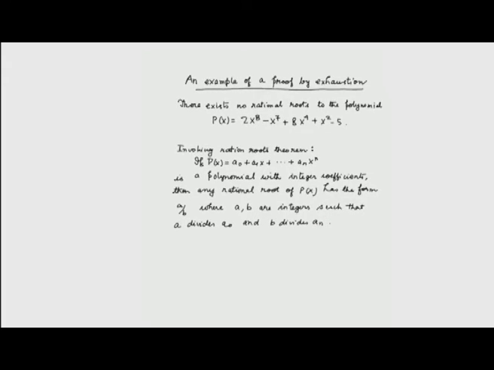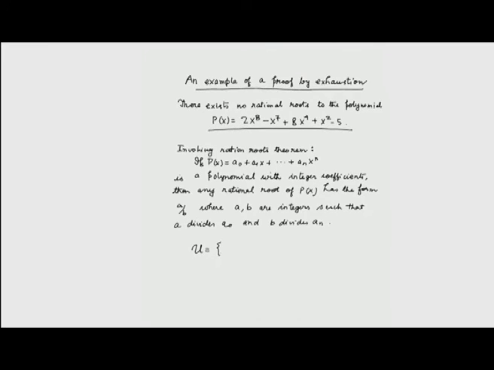If we use this theorem on the polynomial under consideration, then we will see that our universe reduces to only plus minus 1, plus minus 5, plus minus half and plus minus 5 by 2, and we can evaluate the polynomial p x at all these points and see that p c is not equal to 0 for all c belonging to u.